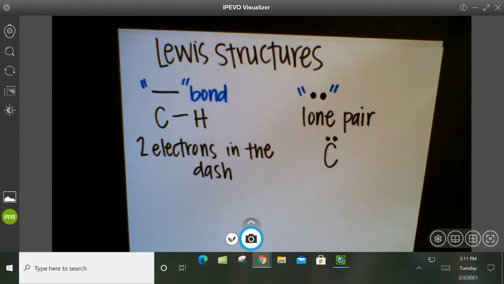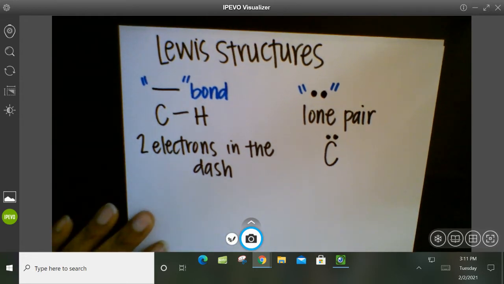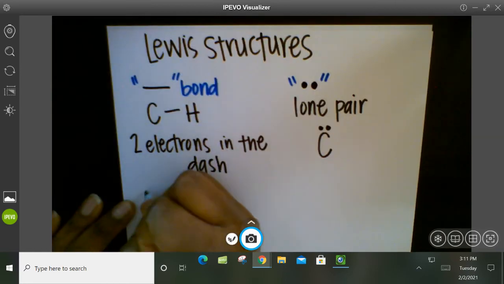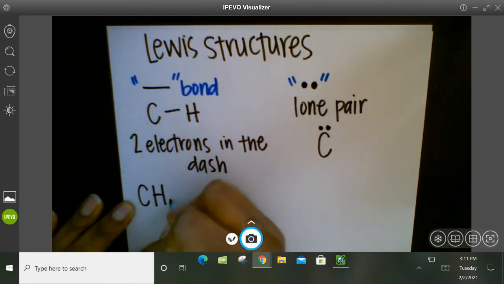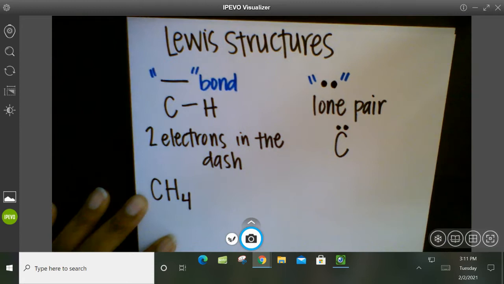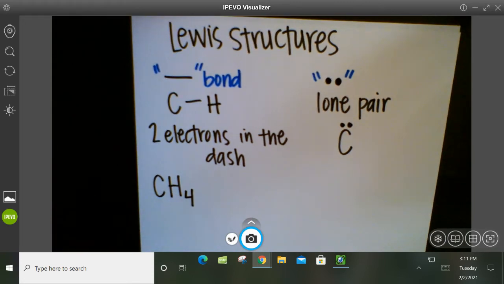And so let's look at our first example here. So if we look at group A, our simple molecules, our first compound is CH4. So the first thing I'm going to do is I'm going to count the valence electrons.